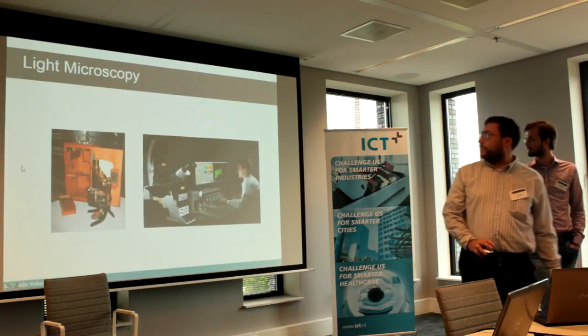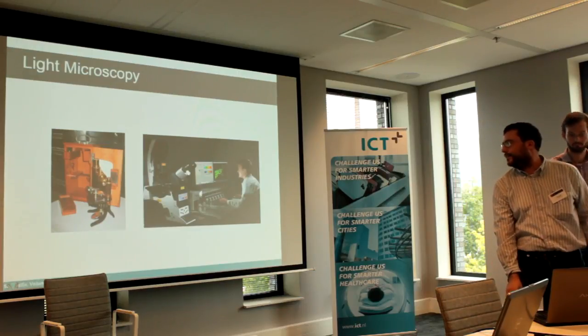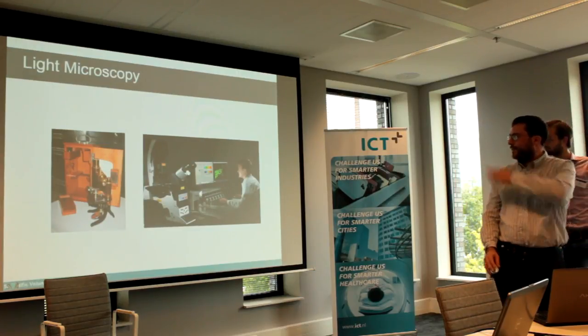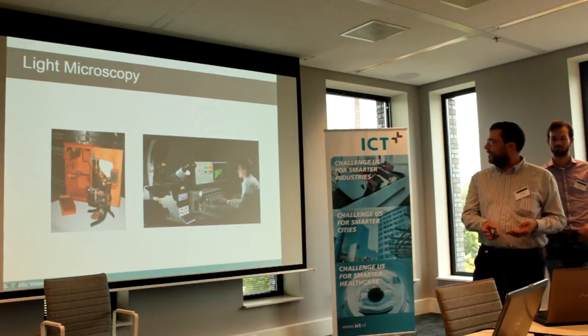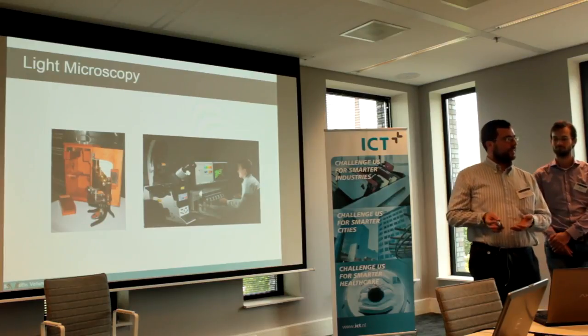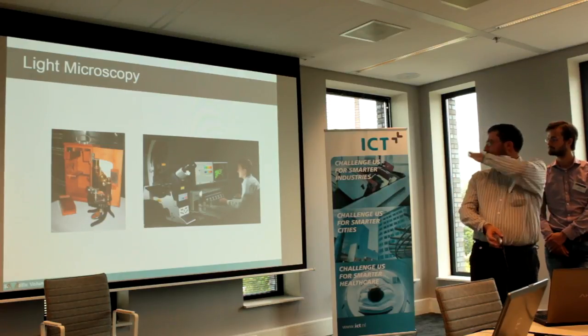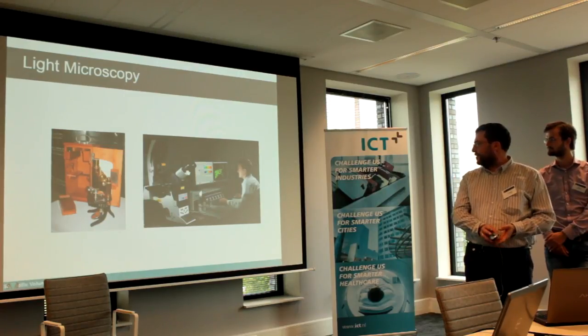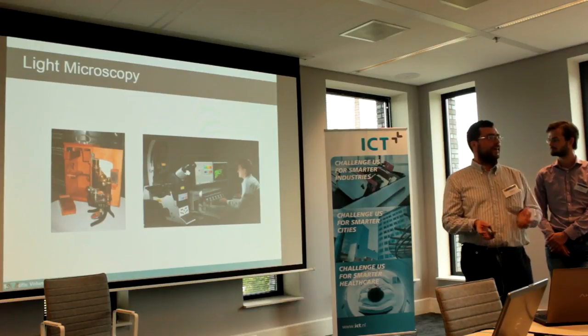So light microscopy at visible wavelengths. If you think about a microscope, I think many people will have an image like the left one here. That's what a microscope more or less looks like if you have a memory of biology classes in high school. Actually, the data is collected with a machine that looks like the image on the right side.